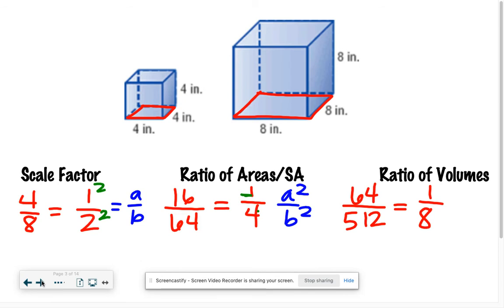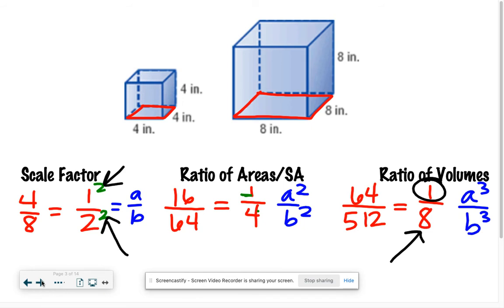So if we want to do our little generic formula for this one, the ratio of your volumes is A cubed to B cubed. And let's just make sure that makes sense. If I come back all the way over here, if I cube 1, 1 cubed is 1. If I cube 2, 2 times 2 times 2, I do get 8.